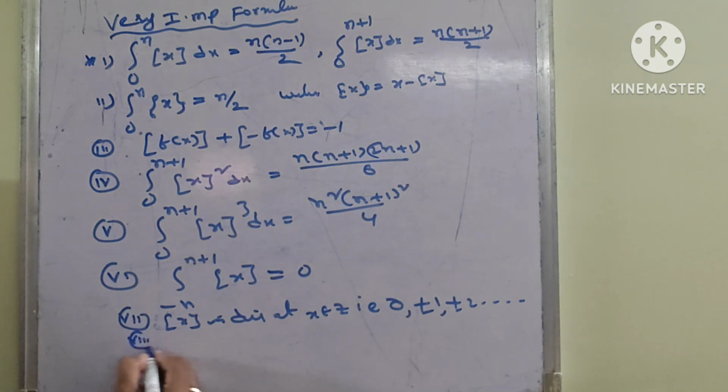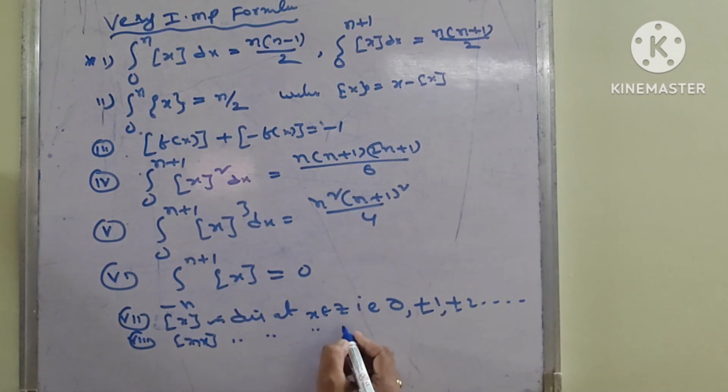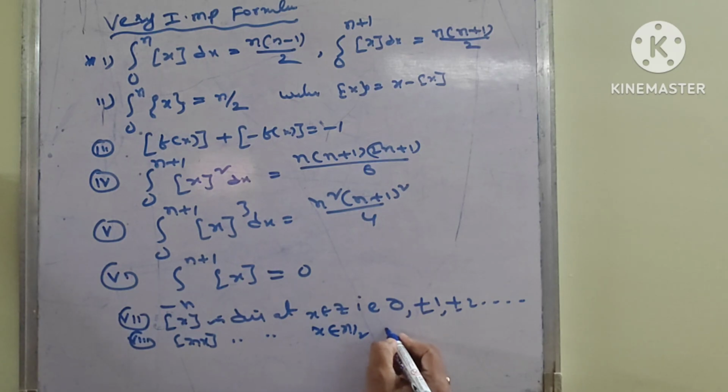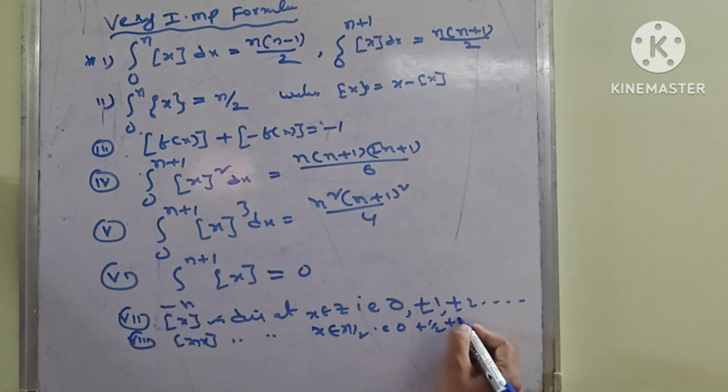Eighth point: integral part of nx is discontinuous at x belongs to n by 2, that is 0, plus or minus 1 by 2, plus or minus 2 by 2, plus or minus 3 by 2, and so on.